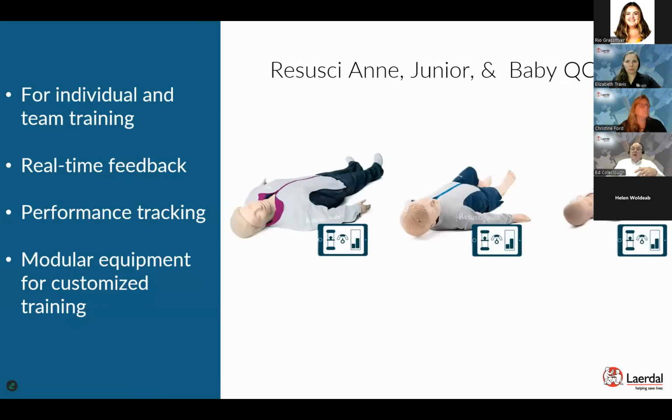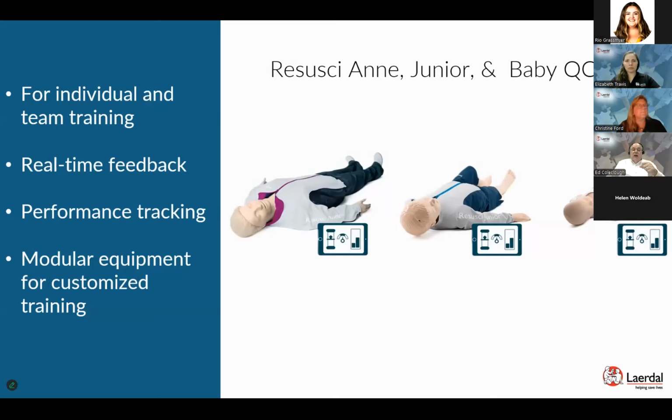So when we talk about quality of CPR and feedback, it's important to recognize that the Resusci Anne line really does provide you, whether it's the adult, the child, or the baby, those key factors, including data, things that we can measure, right? That old traditional line that we can't improve what we don't measure, right? So CPR is a prime example of that. And with the QCPR line, we can really add some real-time feedback.